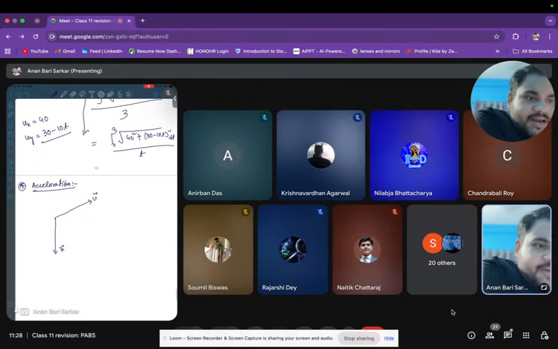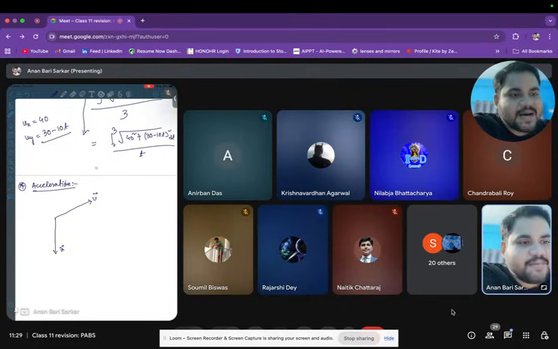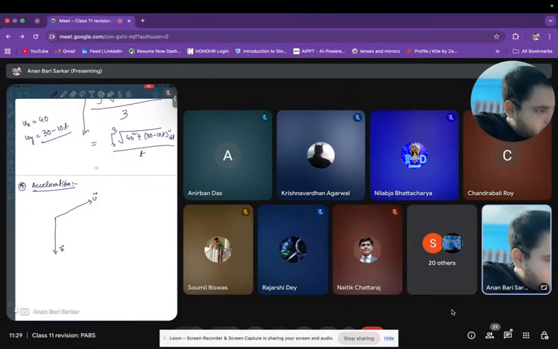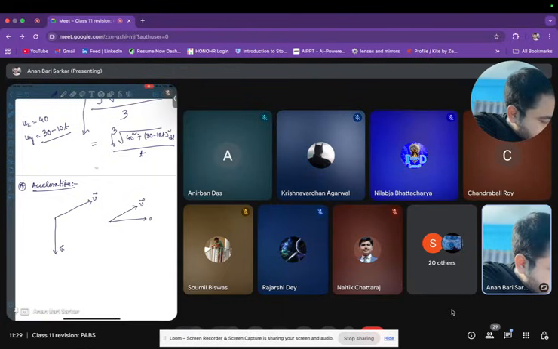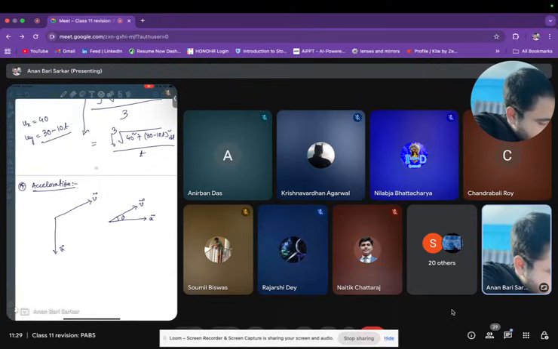Now in any situation where v makes some angle with the acceleration, what will you do? Let's say hypothetically this is your v, this is your acceleration, and this is theta. So what is this component? A cos theta. And what is the perpendicular component to v?